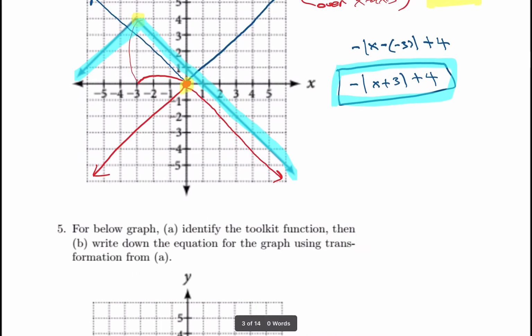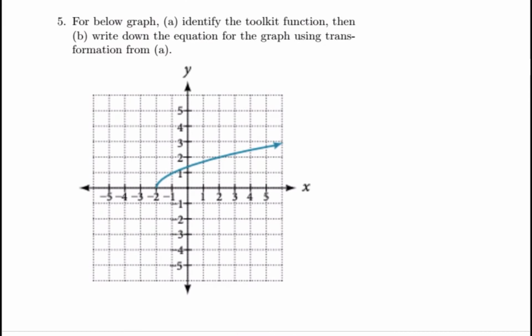Okay, and that's a similar problem. Again, pause the video, try on your own, then come back and I'll go over it. So same idea here. Identify the toolkit function, then write down the equation for the graph using transformations from part A. So this one is right here.